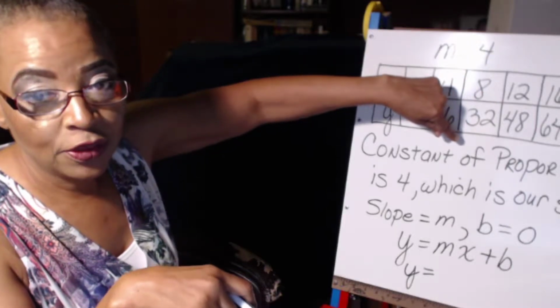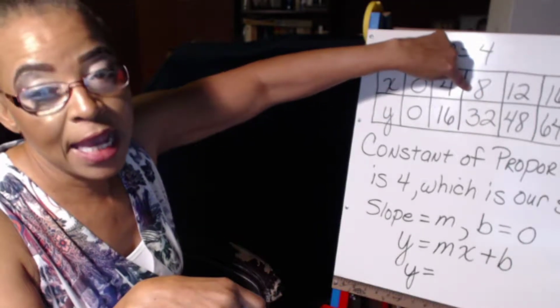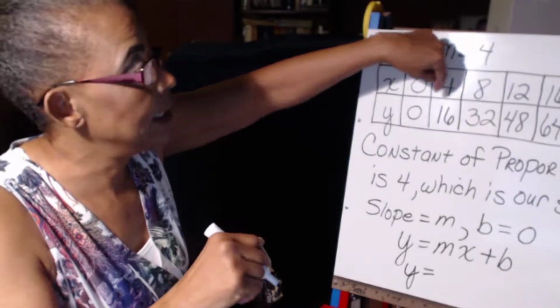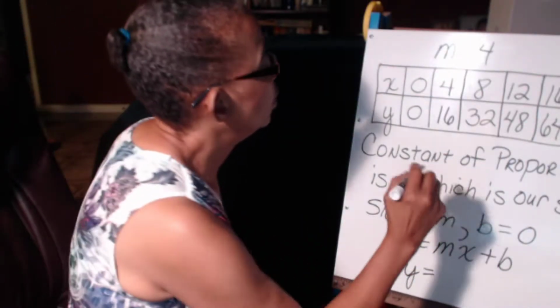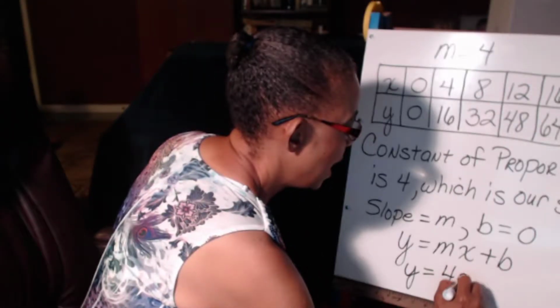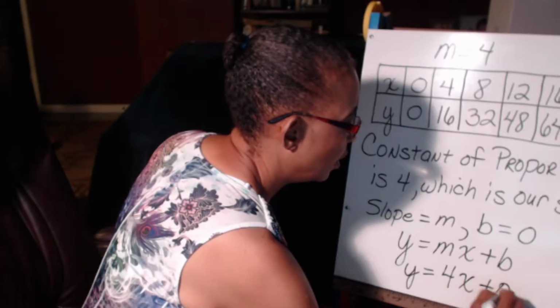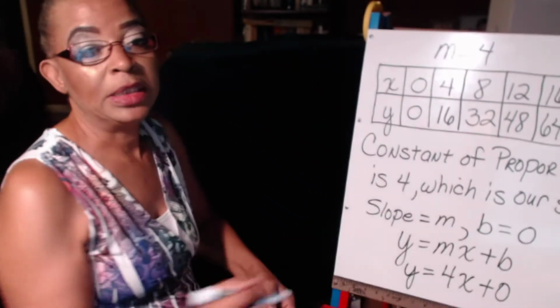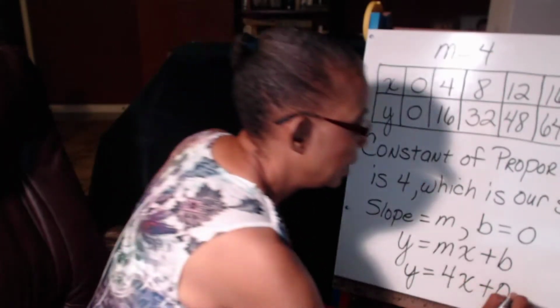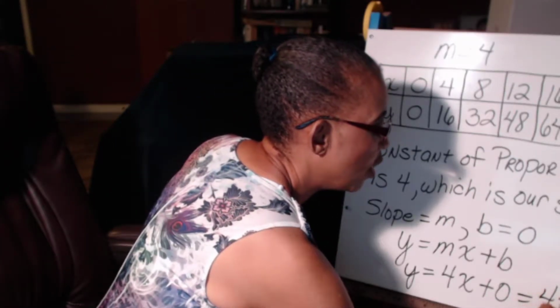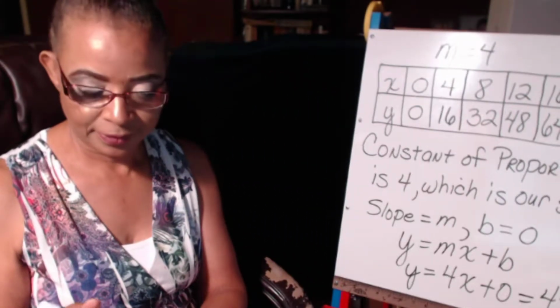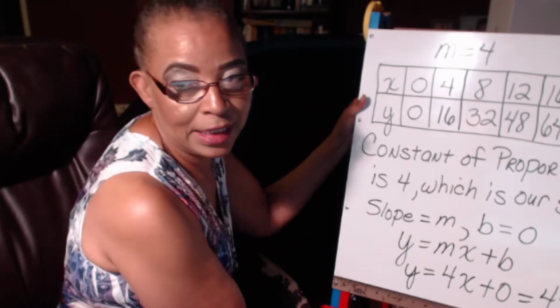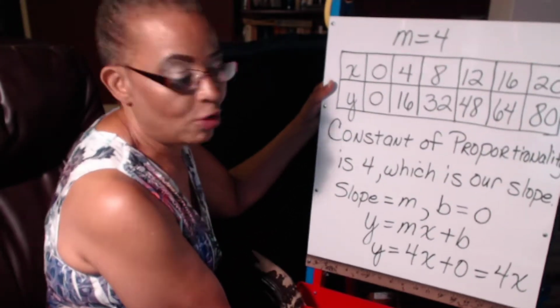In order to get 32, x must be 8 when we multiply by 4, and so on. So we have 4x plus 0, which means y is simply 4x. Y is 4x.